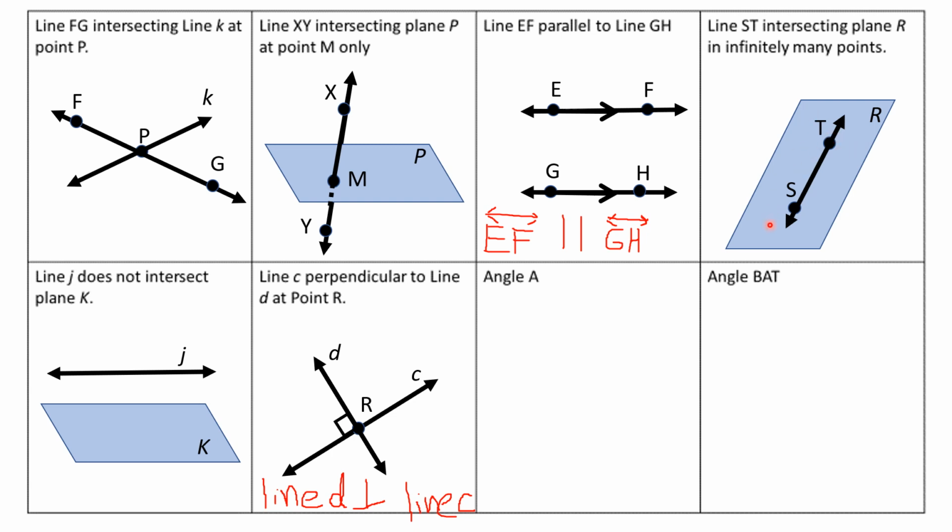Your pencil S to T is in the same plane as your page of paper R. We could also have our plane and our line never intersecting each other. An easy way to have that is that our line has to be parallel to our plane. So just holding your pencil above the paper, but holding it flat above the paper.